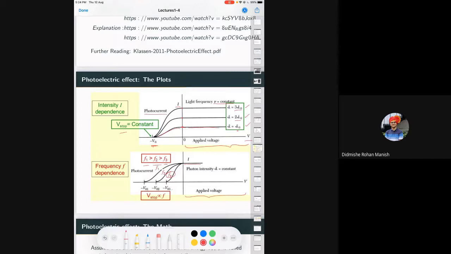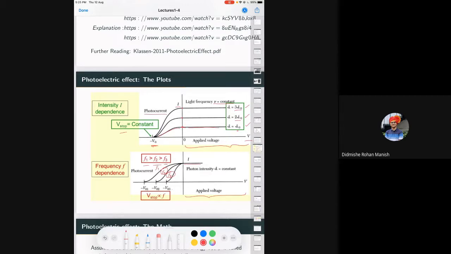So the light of low frequency emits electrons which are easily stopped. The higher the frequency, the more the stopping potential or stopping voltage necessary to prevent current. Okay. So these were 2 sets of experiments.